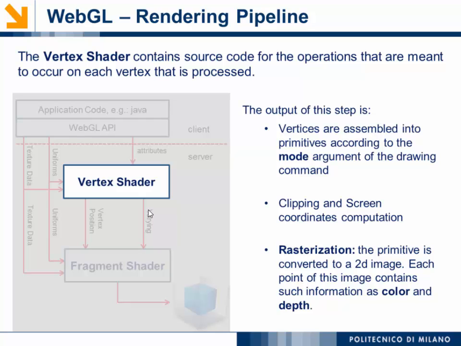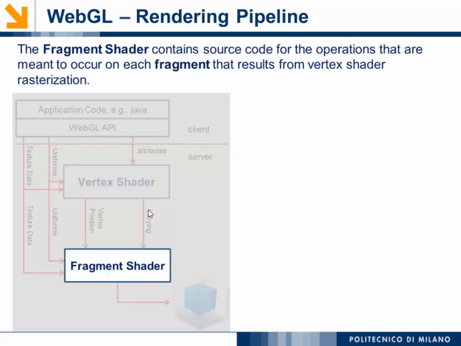Then all the primitives are converted into a 2D image that contains information such as color and depth, etc. That's the first step of rasterization. All this information is then passed to the next stage of the rendering pipeline, which is specified in the source code inside the fragment shader.